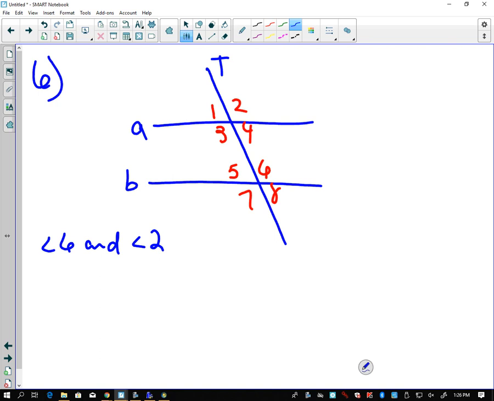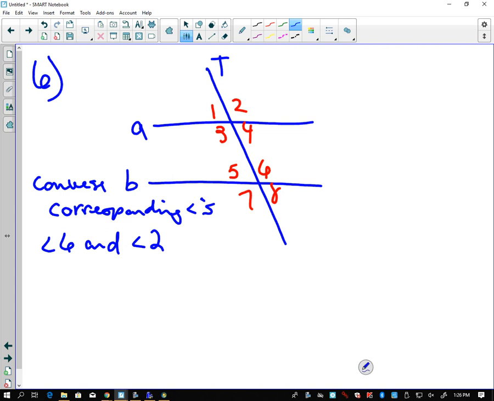They're corresponding angles. So this would be true via the converse of the corresponding angles postulate, meaning that because those angles are congruent, those two lines are parallel.